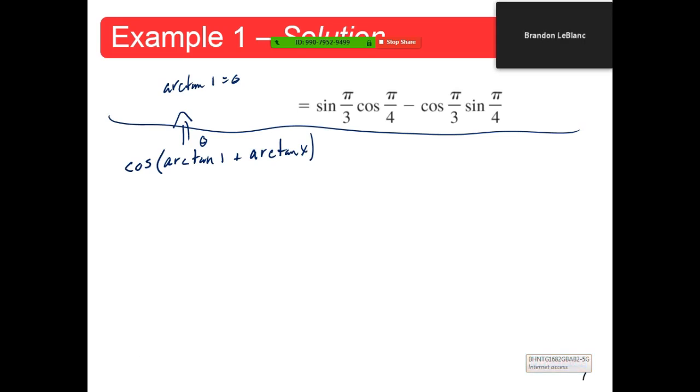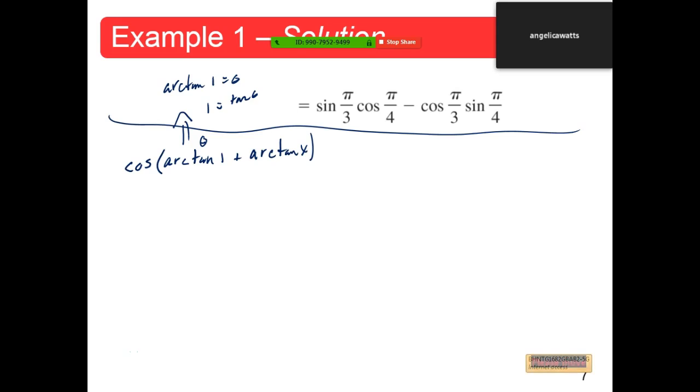Okay. Give me another expression that means the same thing. This says that the tangent of some angle is equal to 1. So that means that the tangent of theta is equal to 1. That means the same thing, right? That's what arctangent means. So it is an angle.